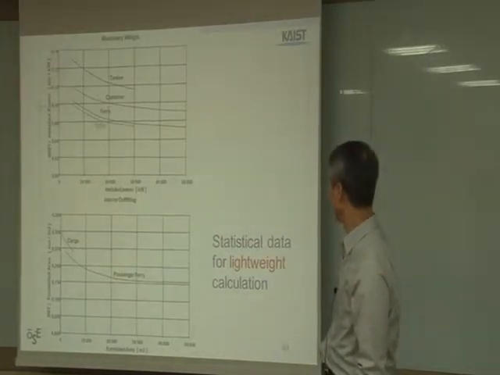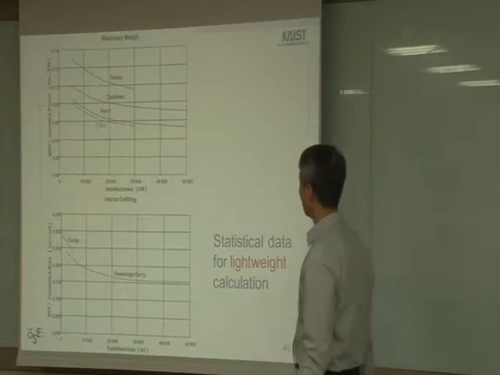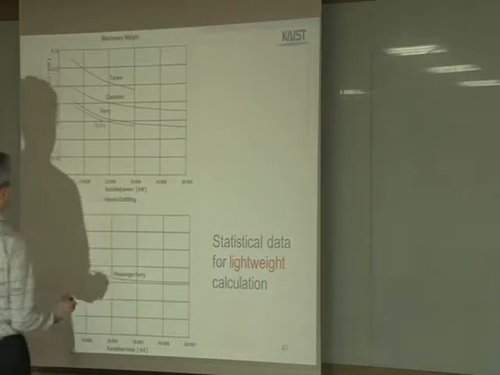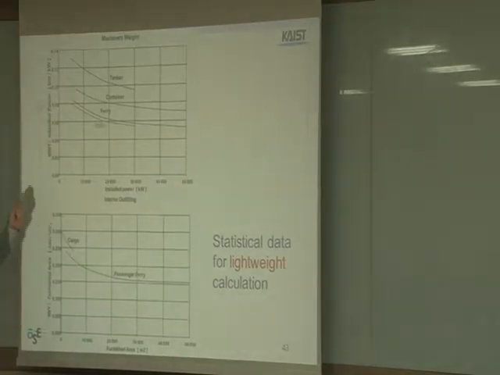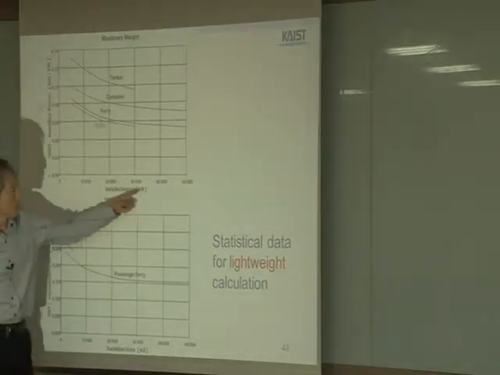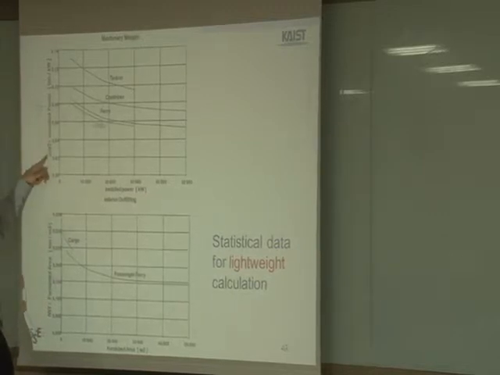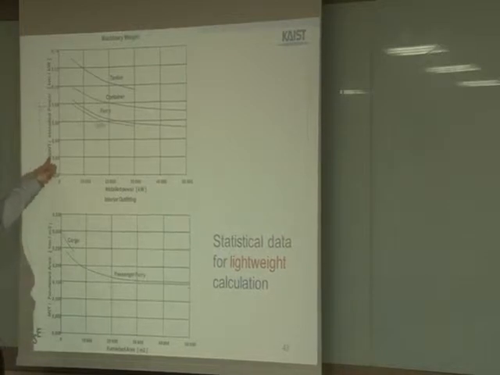Lightweight calculation is not easy, but we usually have statistics. We have many previous ships, based on power, this is a megawatt. What is it? This should be million something ton, I guess.